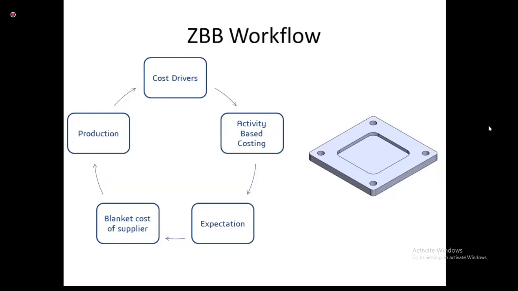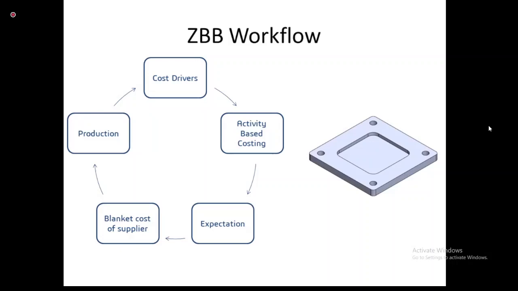ZBB has a detail-oriented nature. Whenever we are working in ZBB, we have to go in depth into the expenses of the product. As you can see on the screen, this is a component. When we wanted to reduce the cost of this product, we went into the depth of every activity of this product.